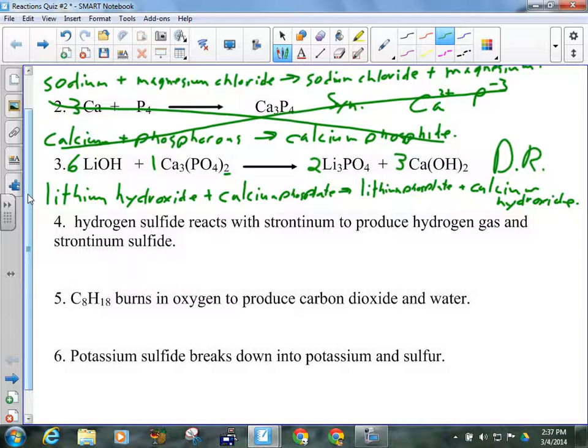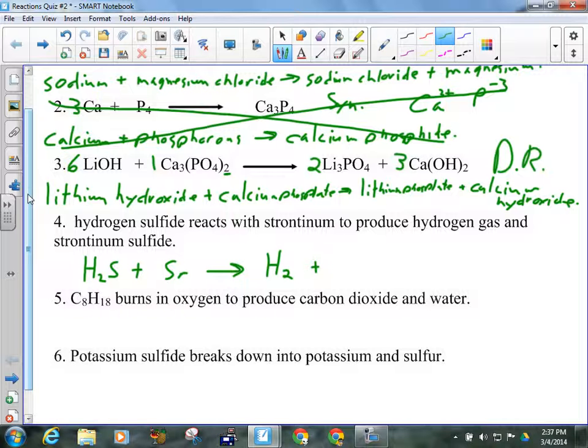All right. For number 4. Right, we've got to write it out in formula form. Hydrogen sulfide. Hydrogen is +1, sulfur is -2, so we're looking at H2S. Okay, reacts with strontium, Sr, to produce hydrogen gas, H2. Right, hydrogen is one of the special ones, comes as a pair.